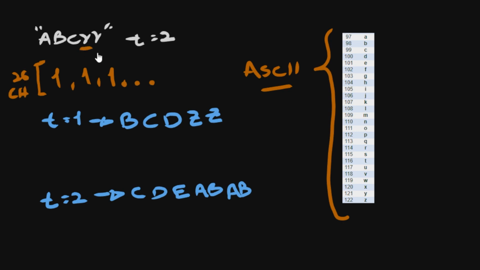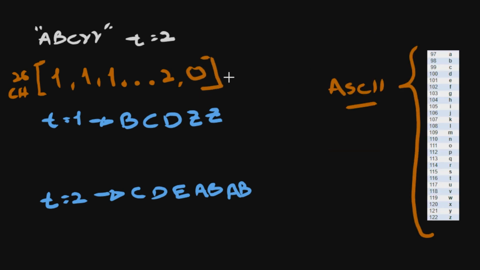So next we have a Y, and 121 minus 97 is 24. So in this array at position 24, we are putting a 1. Next we have another Y, and now this array at position 24 is 2. So for example, the next index in this array will be for a Z, and we don't have any in this string, so this is 0, and this is where this frequency array ends. And just to be clear, I'm putting the indices up here.